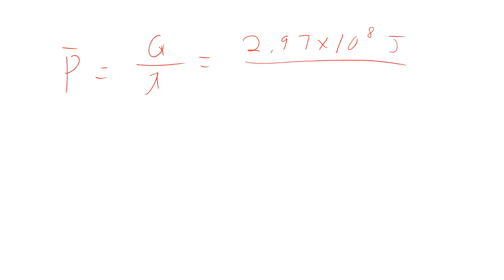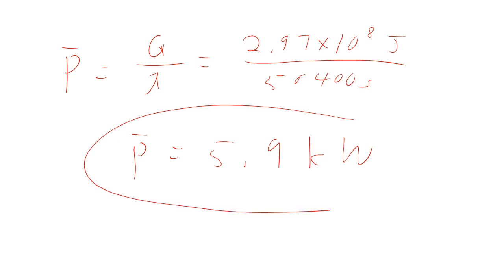So the average power would be Q over t. So that would be 2.97 times 10^8 joules divided by 50,400 seconds. So the average power is 5.9 kilowatts.